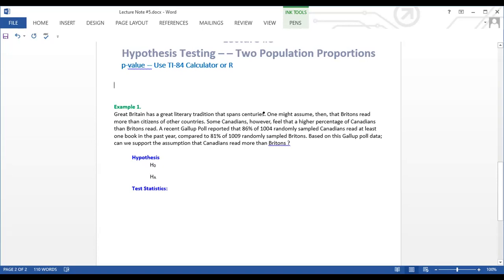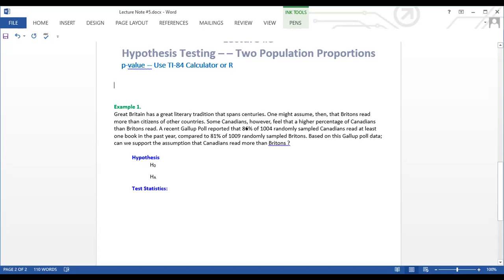Great Britain has a great literary tradition that covers centuries. Britons are said to read more than citizens of any other country, but some Canadians think they have a higher percentage of readers than the Britons. So they did a survey.